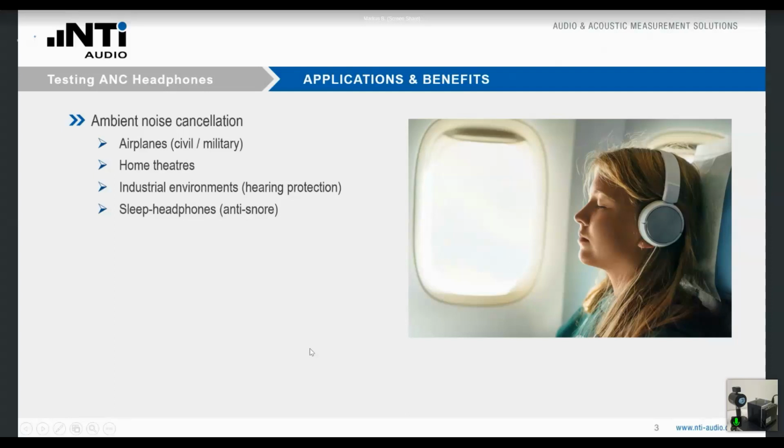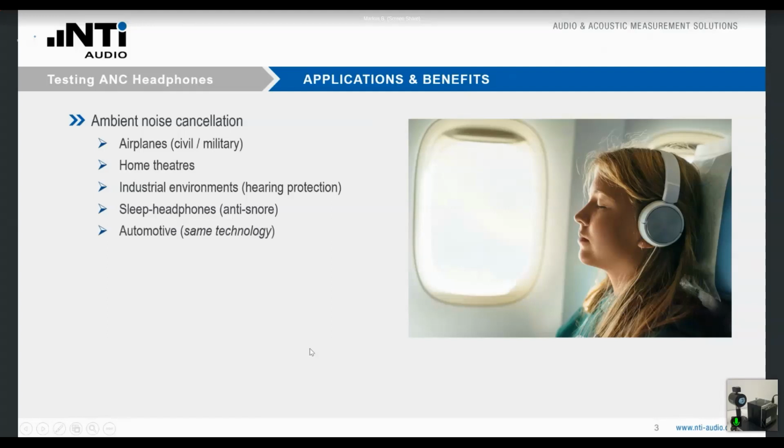So if you want to avoid being woken up by your partner who is snoring, or maybe by another external sound source, there are actually specific headphones available on the market that provide this functionality, and they also typically include ANC electronics.